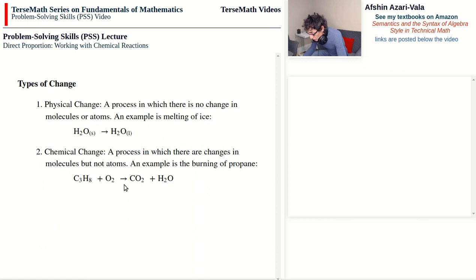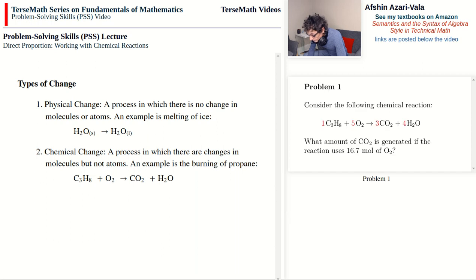So we balance the carbon atoms, and then we balance the number of hydrogen atoms, and so on with oxygen. Then we would find that we would have this kind of a situation where 1 C3H8 combines with not 1 O2 but 5 O2s, and they generate 3 CO2s and 4 H2Os.